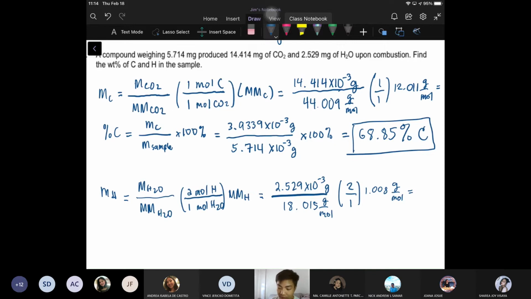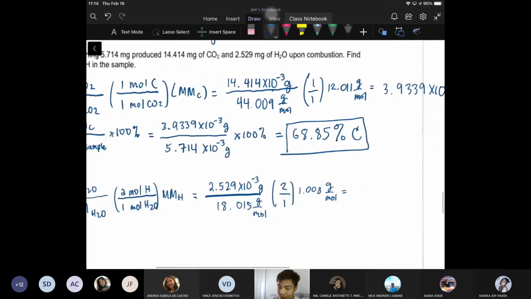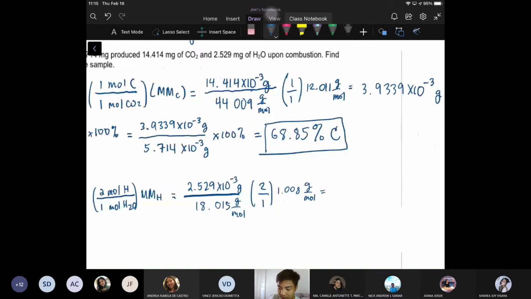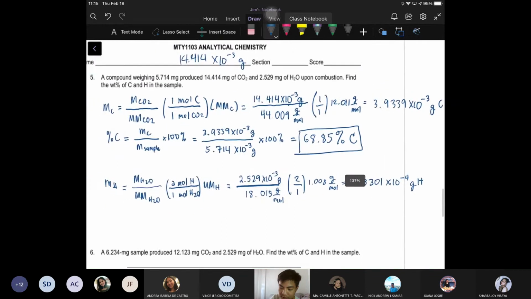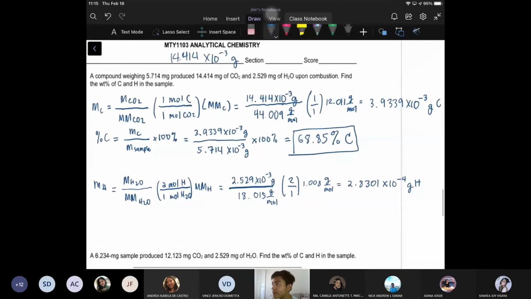Okay, so the mass of hydrogen in 4 decimal places will be 2.8301 times 10 to the negative 4 grams hydrogen. Okay, so that is the mass of our hydrogen. Finally, para matapos na yung problem na to, convert natin yung mass of hydrogen to percent hydrogen.